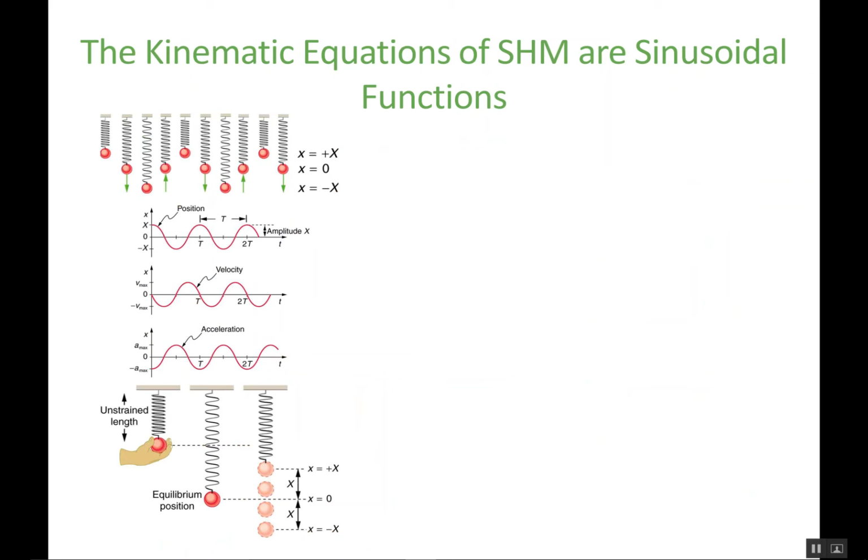So let's talk about the mathematical form for the kinematic equations describing simple harmonic motion. It turns out that if you plot the position of a mass oscillating on a spring as a function of time, that position as a function of time will look sinusoidal.